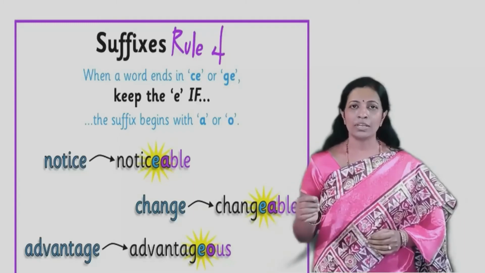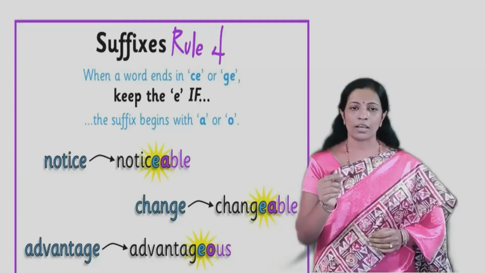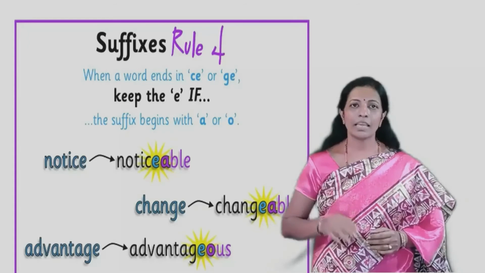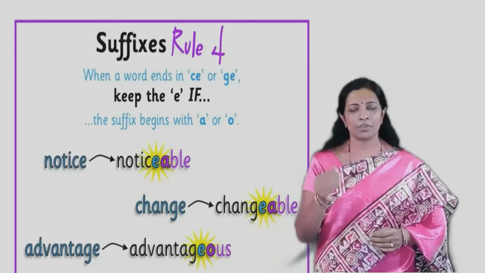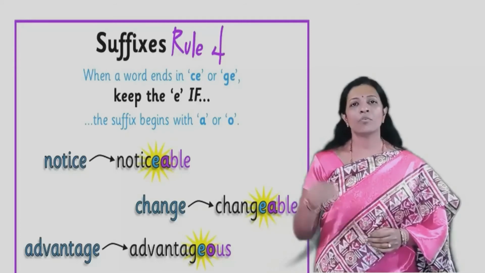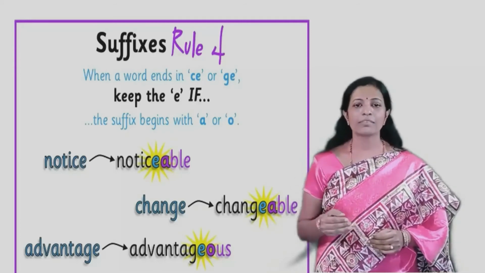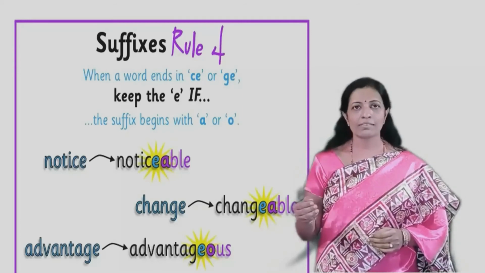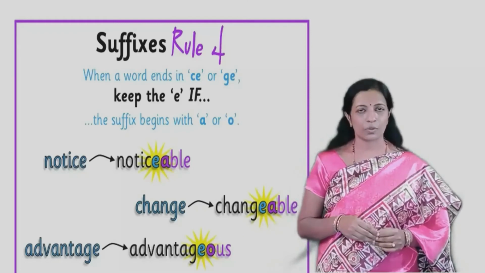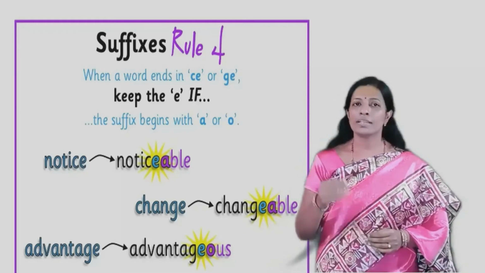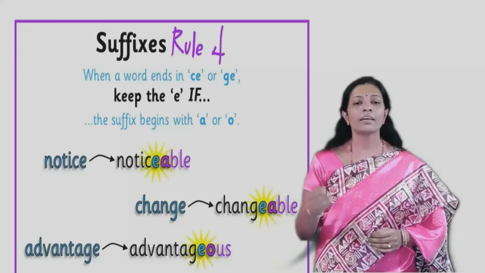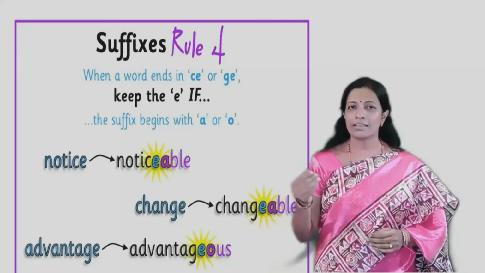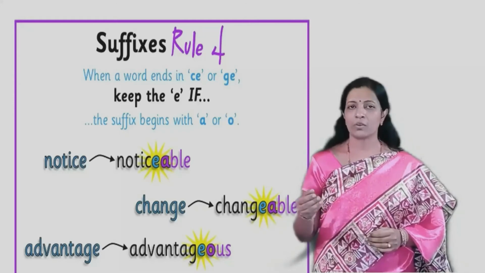In the new word, the letter E is included. Similarly, advantage, which ends with GE, when it is added to the suffix ous, which begins with the vowel O, gives the new word advantageous. And the letter E is included in the spelling of the new word.